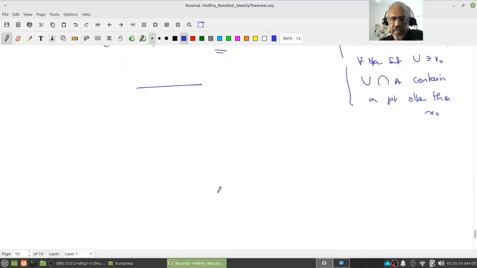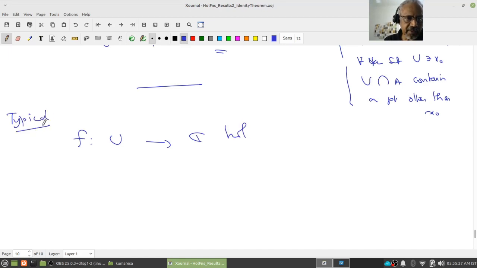Okay, as an immediate consequence, a typical way of using this will be like this. Suppose f from U to C is holomorphic, a typical use. In fact, we will need it later.